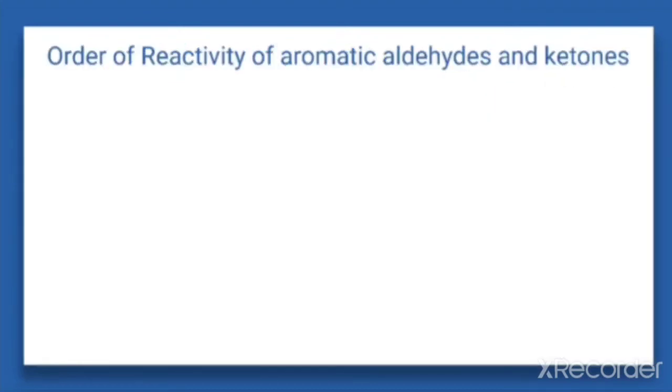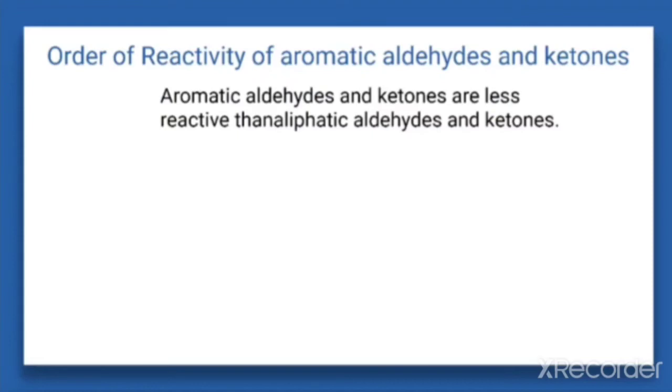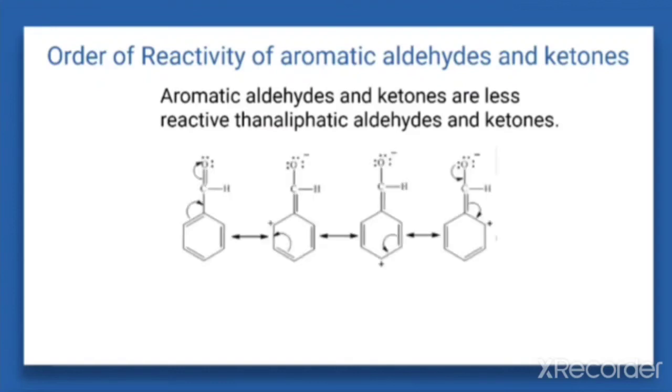Next, that is the order of reactivity of aromatic aldehydes and ketones. Aromatic aldehydes and ketones are less reactive than the aliphatic aldehydes and ketones because due to the resonance, the partial positive charge on the carbon atom decreases.